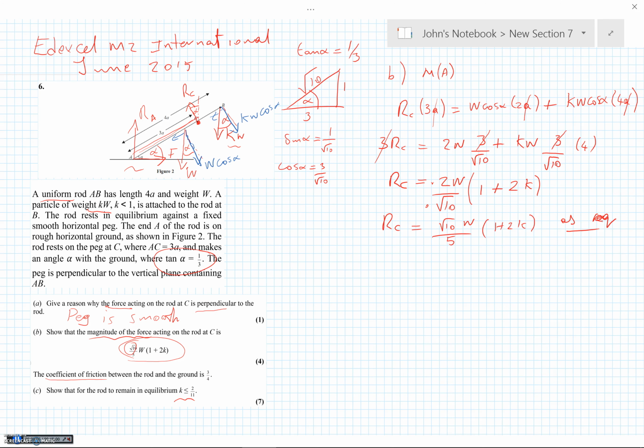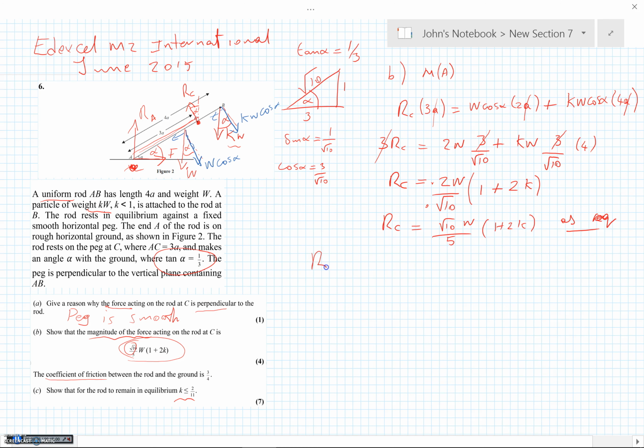Now it talks about the coefficient of friction at the point here. Now this is all to do with F and RA. We're obviously going to need to work out F and RA to be able to answer this question. Okay, so then we'll be able to use F is less than or equal to mu R. I'm going to resolve horizontally and vertically here rather than take moments.